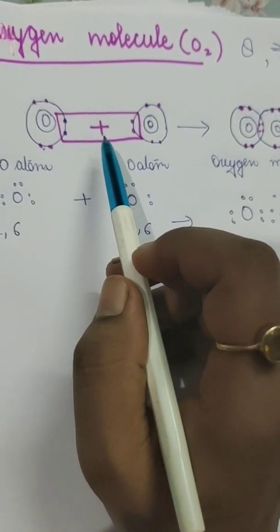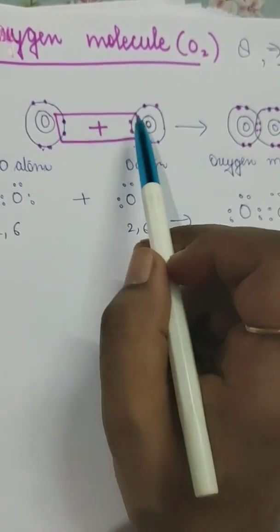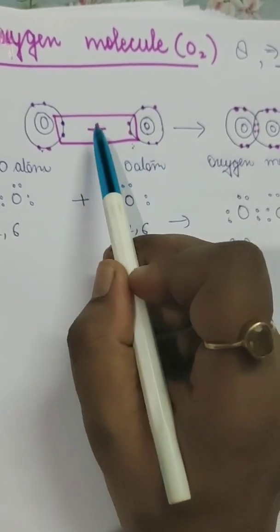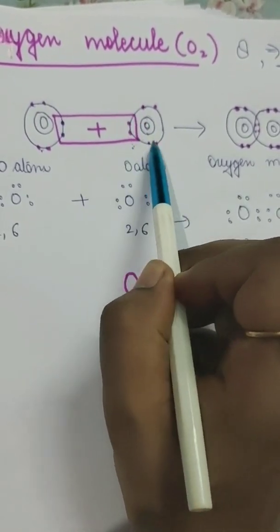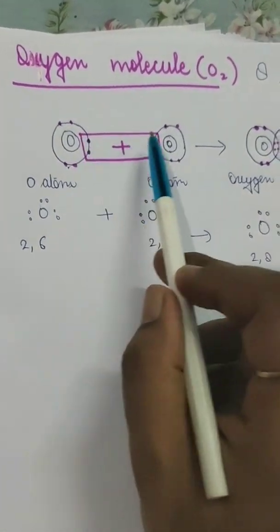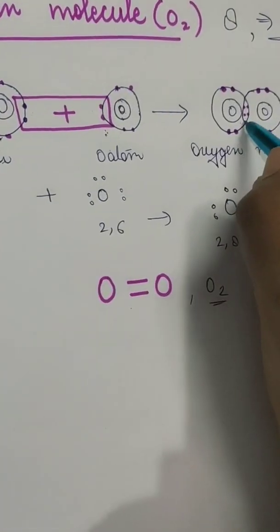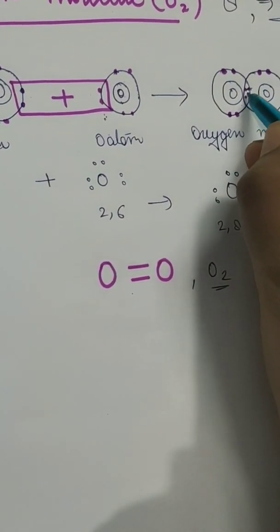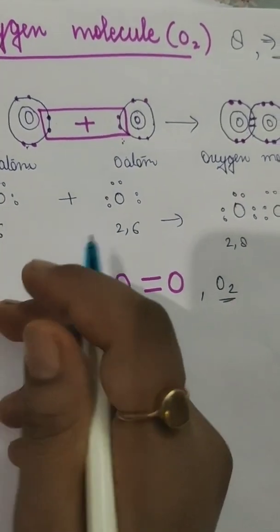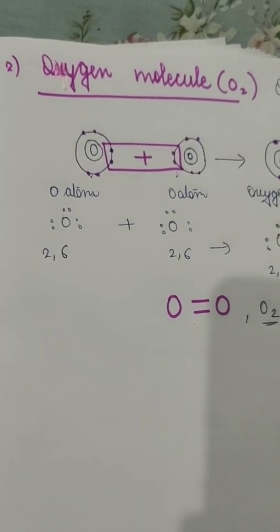Since oxygen needs 2 electrons to complete its octet, and this oxygen also needs 2 electrons, they will not give these electrons to each other, they will just share. So both the oxygen atoms will be sharing 2 electrons from both of them. It will be something like this, and it will be a double bond, because here oxygen is sharing 2 electrons from each side. Right, I hope you understand. So when there is sharing of only 1 electron, it's a single bond. When there is sharing of 2 electrons from both sides, it's called a double bond.